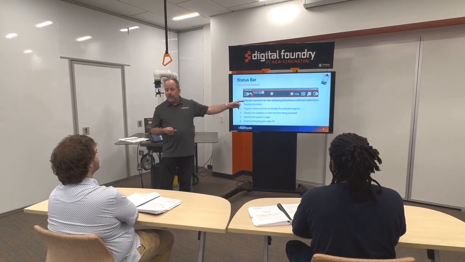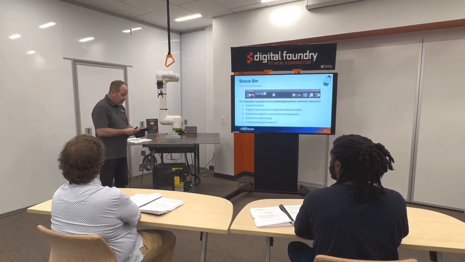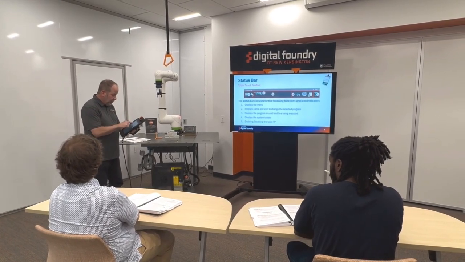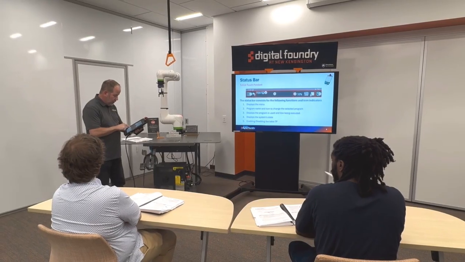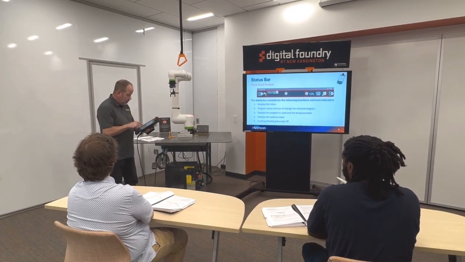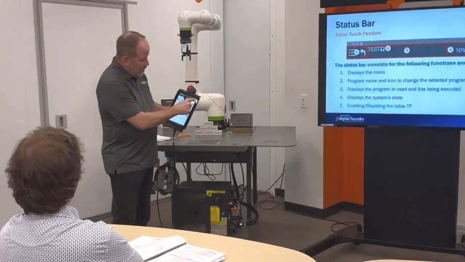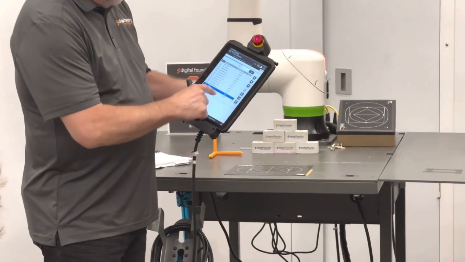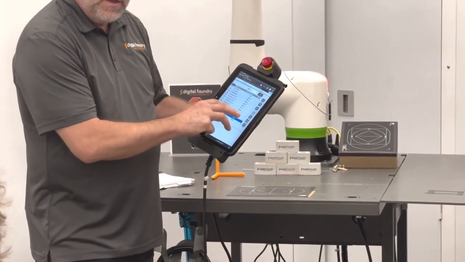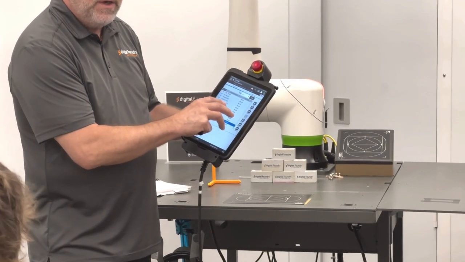That's very important, because you can turn off the tablet, and I'll show you here in a minute. That's this guy right up here. I can access certain elements in code or certain commands in here, but I cannot operate and move the robot.